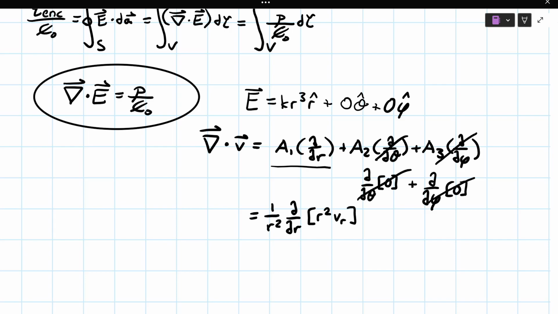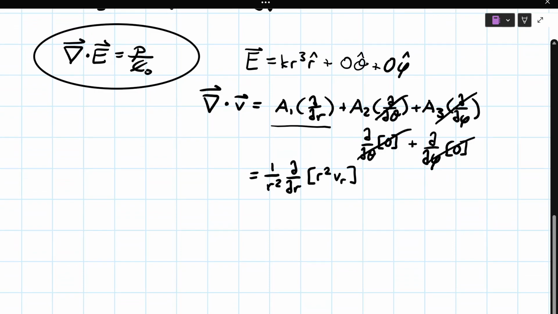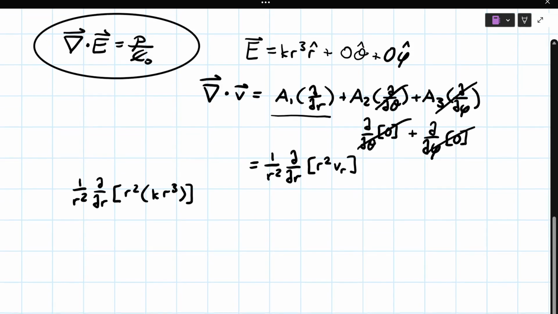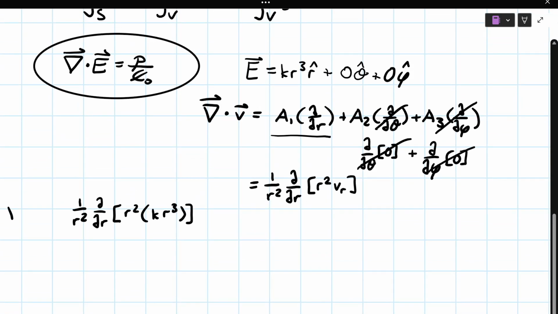And so if we apply all this to our electric field, we will have 1 over r squared del del r of r squared times k r cubed. And that's what we're going to have here, and that's going to be equal to the divergence of E.